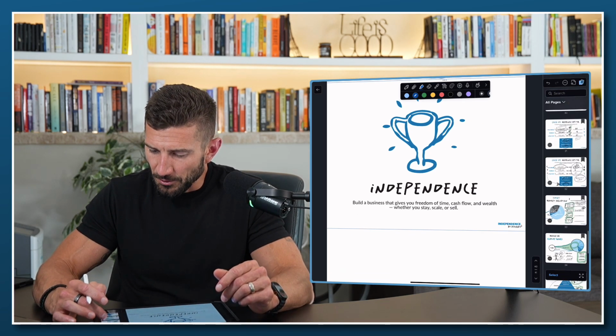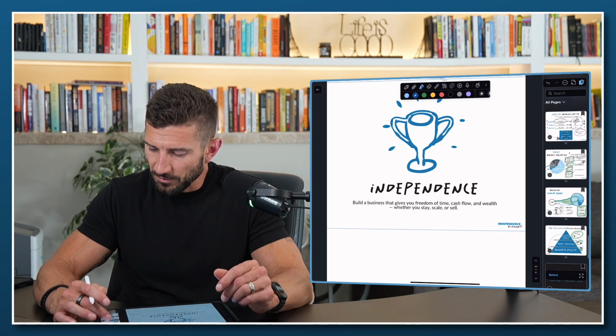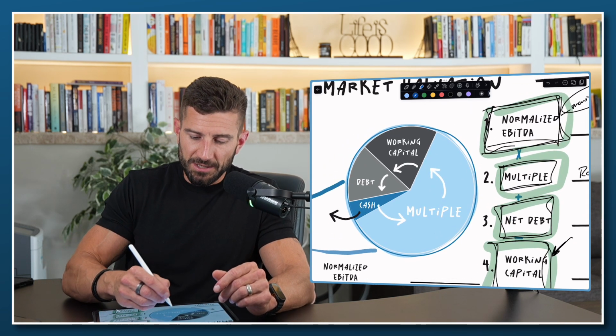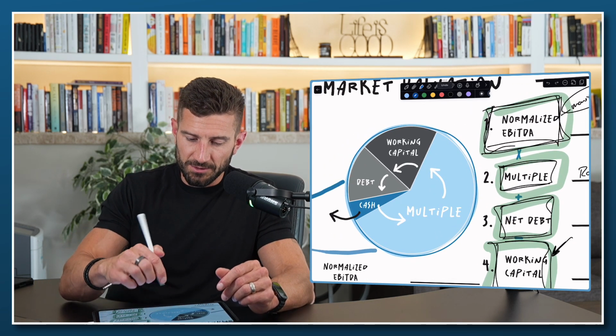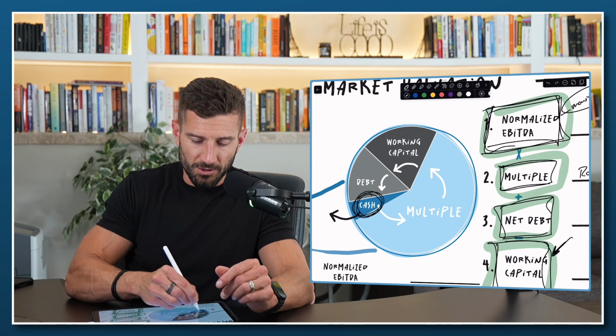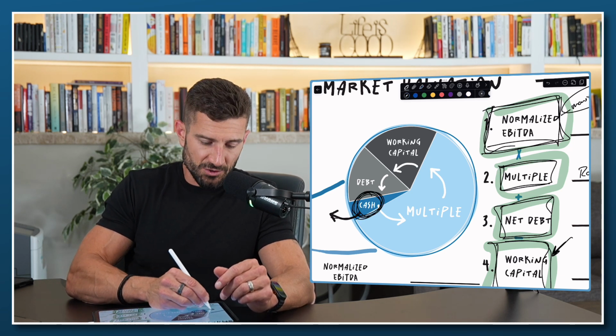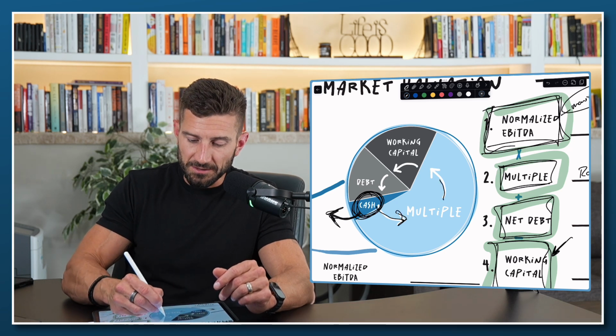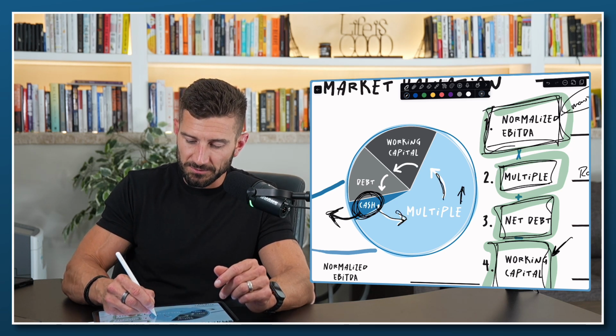As a final note, because I didn't cover those little graphics here, right here is this trade-off. If we're trying to increase the multiple, this is the decision tree that you're all working on. Should I distribute my cash or reinvest it? If I reinvest it, let's increase the multiple.